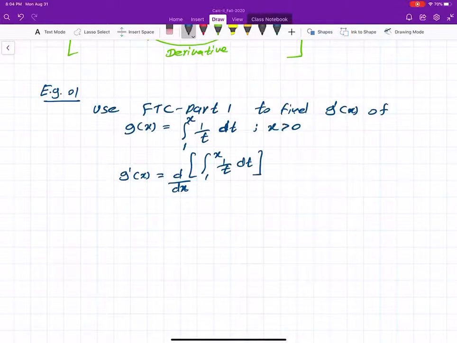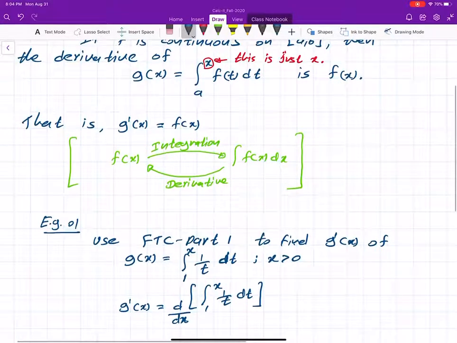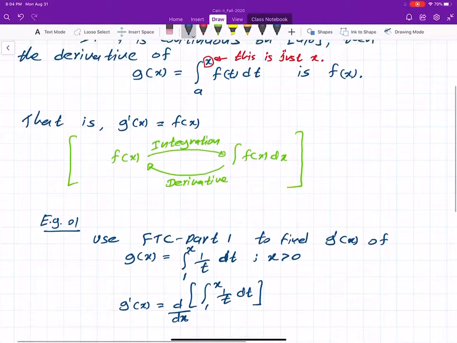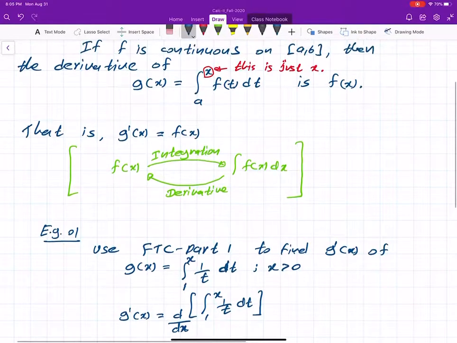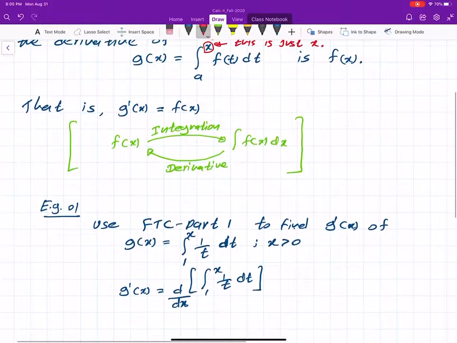Now go back to the fundamental theorem of calculus. The only thing that you have to check is whether you have x as the upper limit. If you have x as the upper limit, you can directly use this result. You can directly use the theorem.